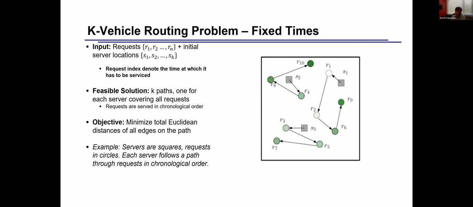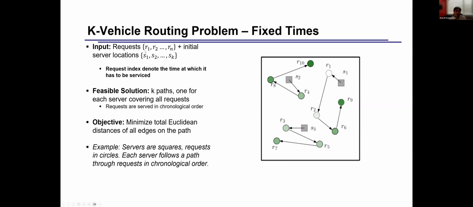Okay, let me begin by introducing the problem. This is what I refer to as the fixed time vehicle routing problem. You're given k servers. You can think of these as vehicles, for instance, and their initial locations. So S1 through Sk are the locations of the k servers. In this example, the squares represent the initial locations of the servers.